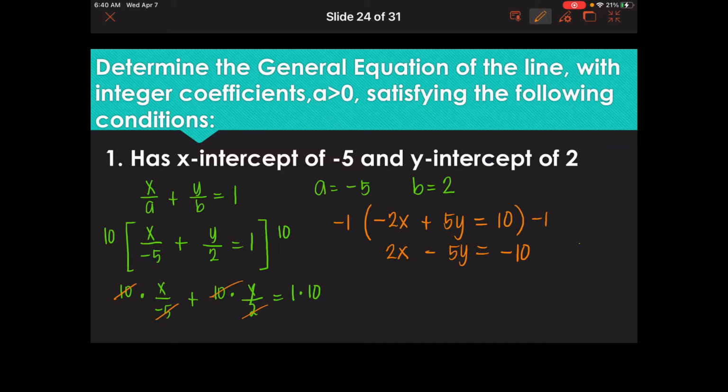Okay, and then we will just add 10 to both sides or transpose -10. So that's 2x minus 5y plus 10 is equal to 0. Okay, then you always check the coefficients. 2, 5, and 10, they are not divisible by a certain number. Okay, so this will be our final answer.